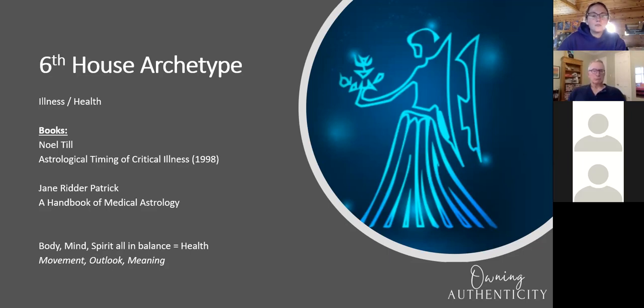He recommended these two books, Astrological Timing of Critical Illness and A Handbook of Medical Astrology, if you're interested in a deeper look at how the sixth house relates to illness and health. But basically, he did boil it down, and I totally agree with this, health is a balance of body, mind, and spirit. So it's not so much getting healthy, it's recognizing where the imbalance is in your body, your mind, or your spirit, and correcting the imbalance.